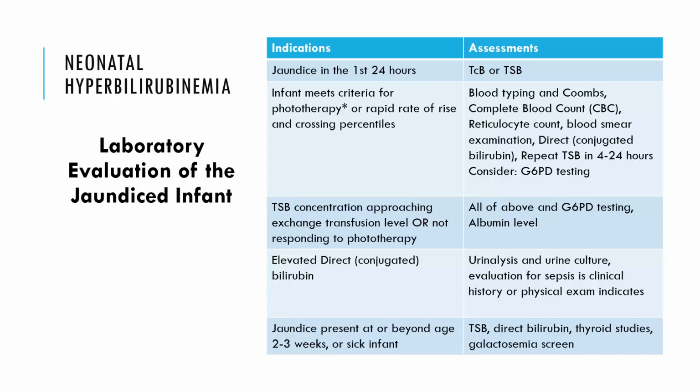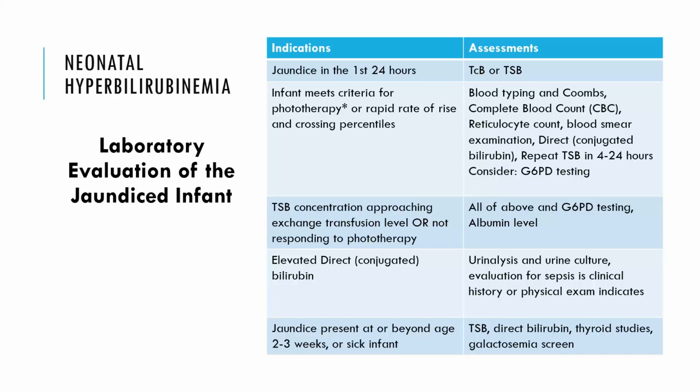So if you've got a conjugated hyperbilirubinemia, then you want to do a urinalysis and a urine culture and an evaluation for sepsis if the clinical history or the physical exam indicates it. And also, this isn't listed here, but you would probably want to do an abdominal ultrasound to see if there's anything going on with that gallbladder. So you've got all this conjugated bili in the liver. Why isn't it getting to the small intestine?